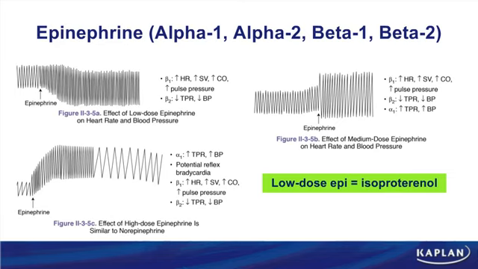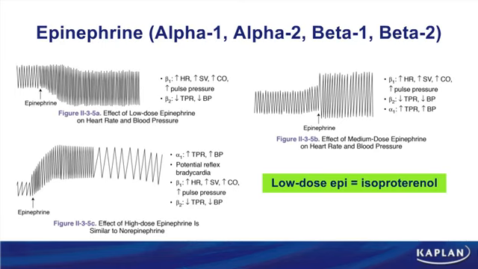Low-dose epi looks just like isoproterenol. In fact, if you ever get a test question and you analyze the results of an experiment and you decide, well, that's a beta-1, beta-2 agonist, perhaps your first thought is, well, it's got to be isoproterenol. But when you look, isoproterenol is not an option. Come up with a second option. Low-dose epinephrine can do exactly the same thing.